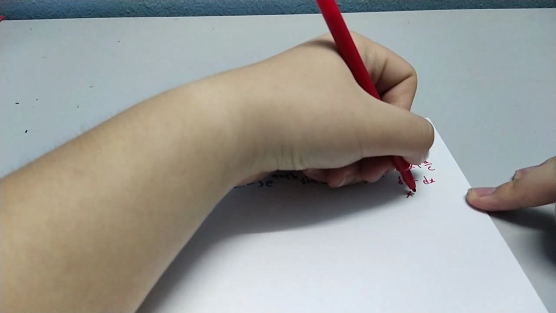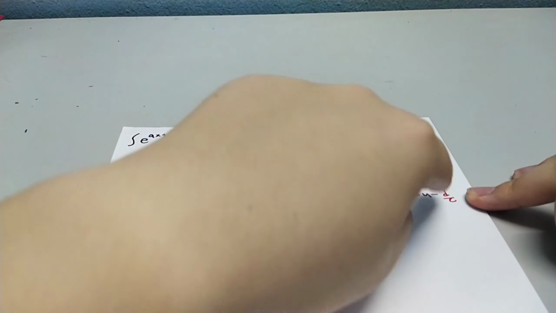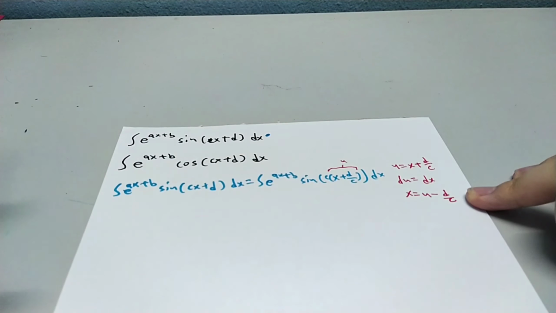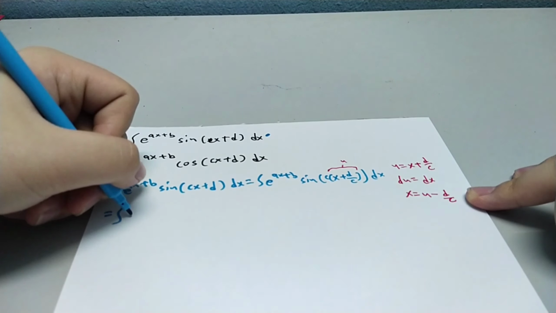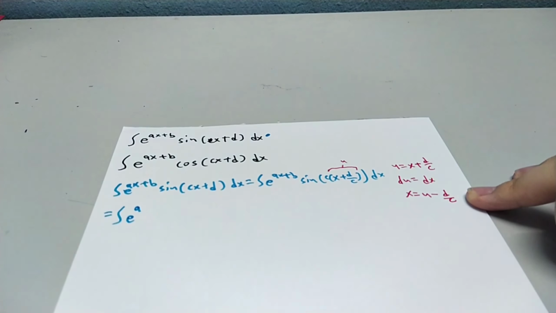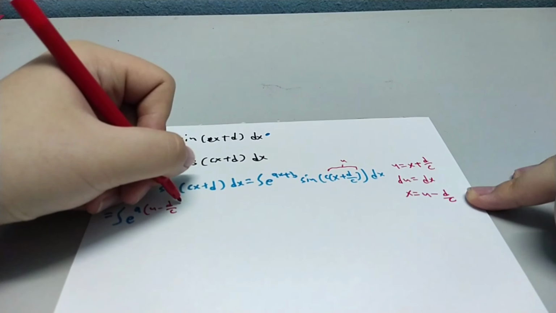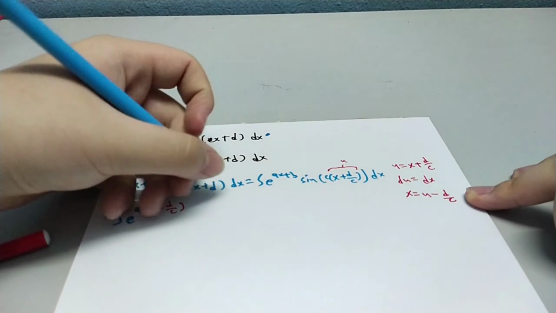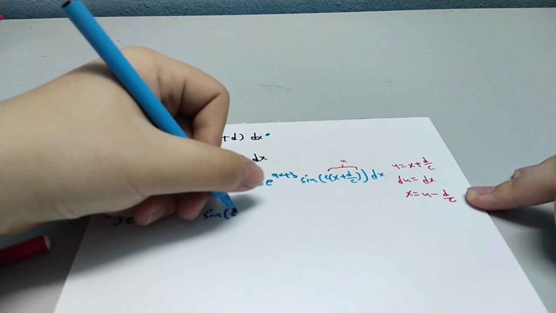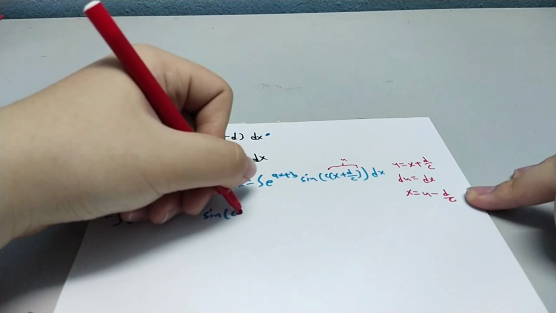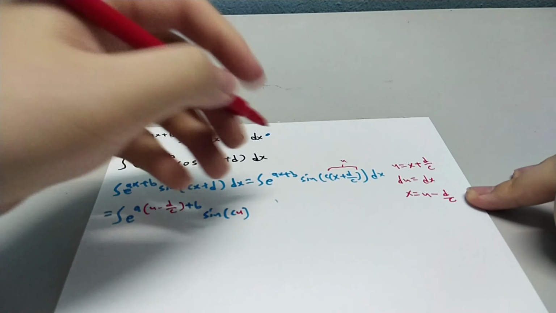Then x is equal to u minus d over c, and we substitute all of these into this integral, which is equal to the integral of e^(a(u minus d over c) plus b) times sine of cu du.